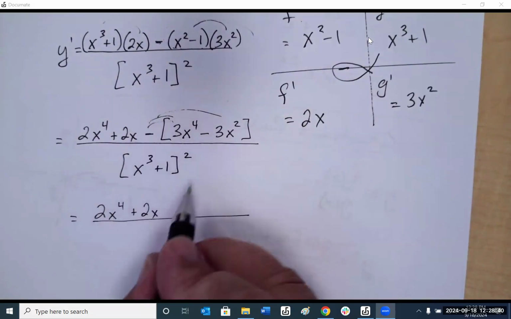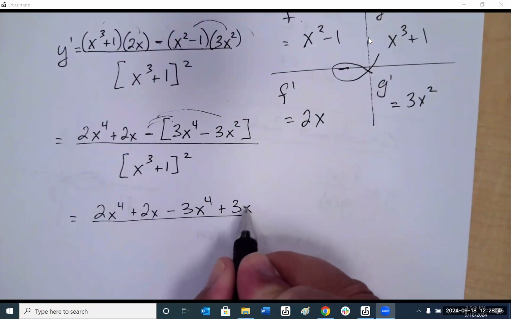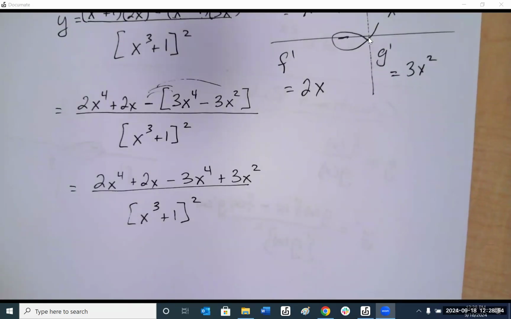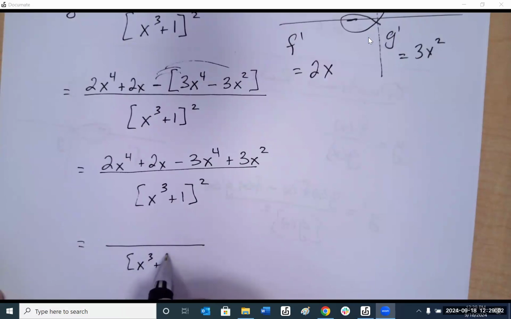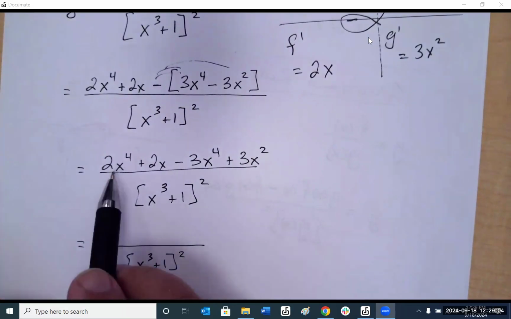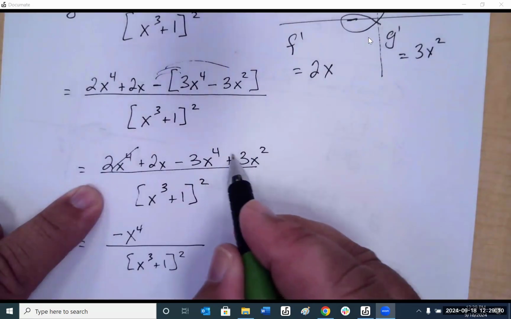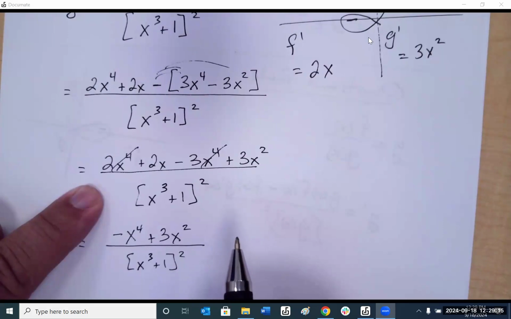So I distribute, I get negative 3x to the 4th plus 3x squared. Combine like terms, we have 2 minus 3 makes it negative x to the 4th, plus 3x squared, plus 2x.